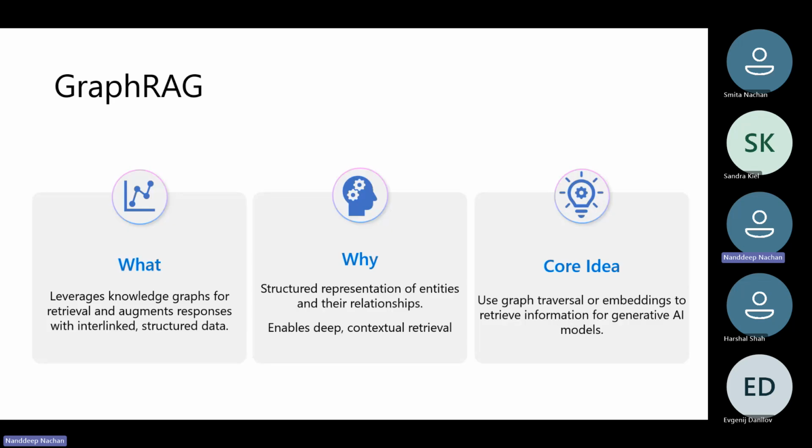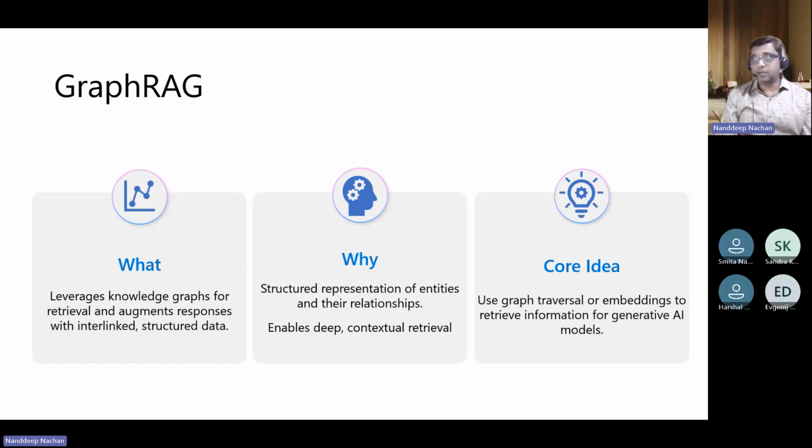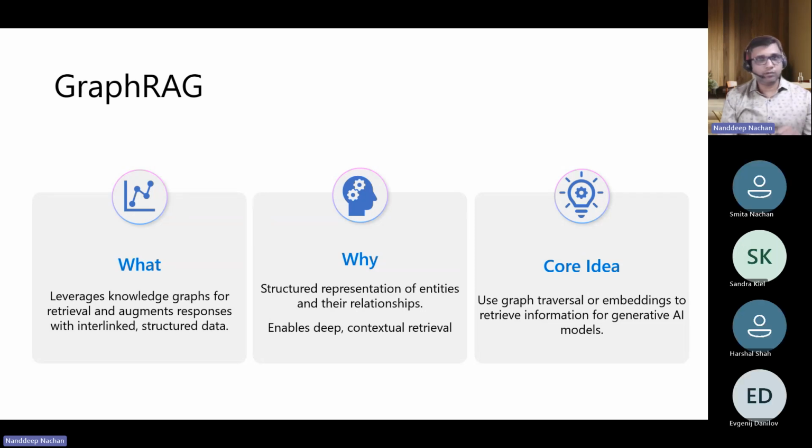All right. So let us come back to GraphRAG. We are going to see what GraphRAG is, why we have GraphRAG, and what the core idea behind it is. Graph-based RAG means graph-based retrieval-augmented generation. It leverages the knowledge graph that we have for retrieval, and it augments the responses with interlinked and structured data.